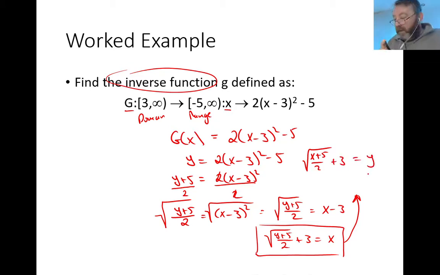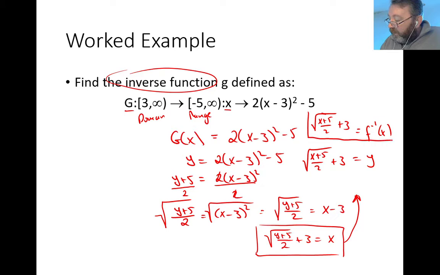Now what's y? Y is the inverse function. So the last thing we do is we replace y with f minus 1 of x. And that's equal to the square root of x plus 5 over 2 plus 3. And that is your inverse function.